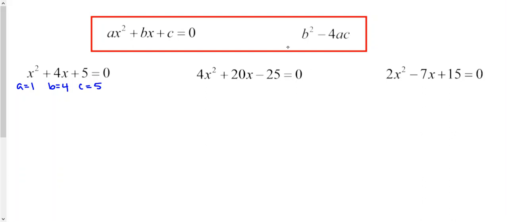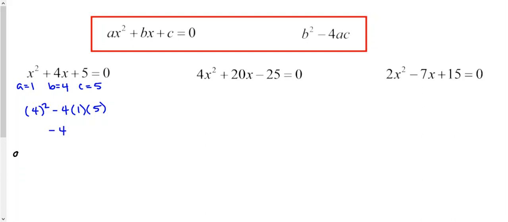If I plug that into b squared minus 4ac, I get 4 squared minus 4 times 1 times 5. Now all you have to do is plug that into your calculator, and you should get -4.